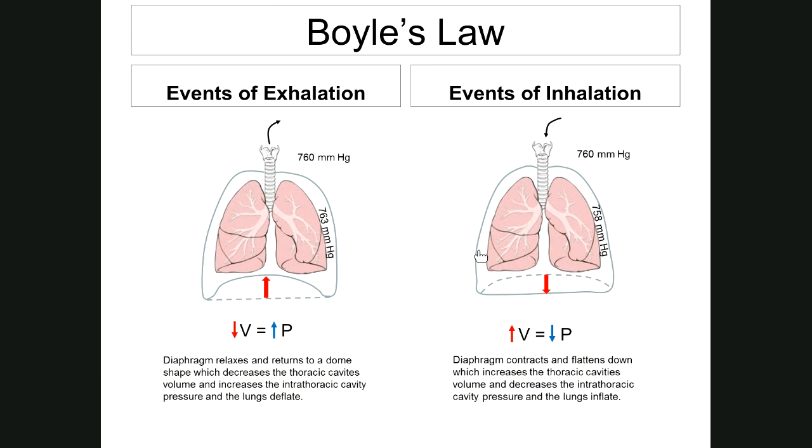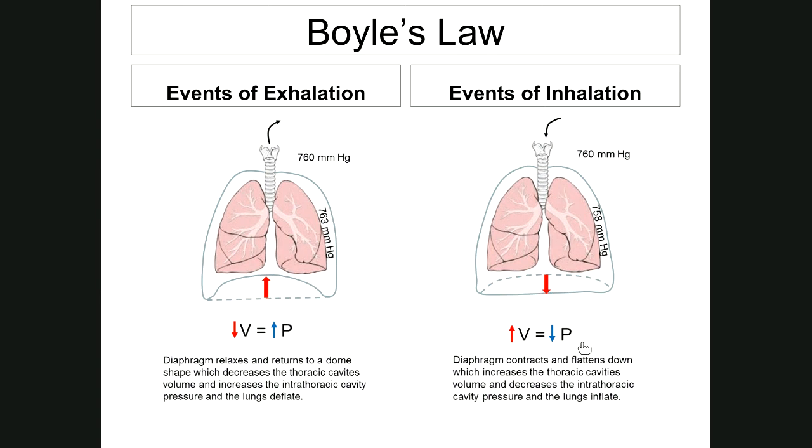So take a deep breath. You know that your chest cavity enlarges. It's due to the external intercostals pulling on the walls and lifting your rib cage up and out to increase the volume. And your diaphragm went down, so that increased the volume. Well, when the volume is increased, the pressure decreases.